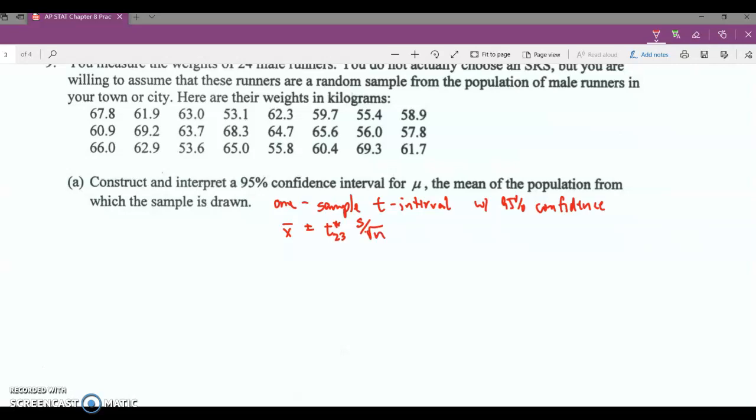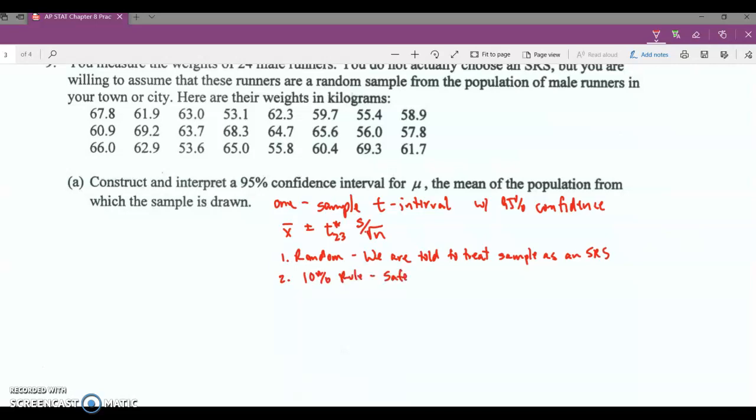So you've got the data. You're going to have to plug those numbers into your calculator to generate this interval. But before we do that, we've got some conditions we need to check. One, the random condition. All right, we're told to treat it as a random sample. Two, 10% rule.